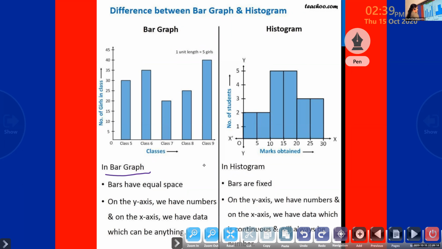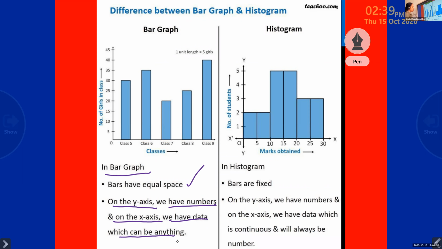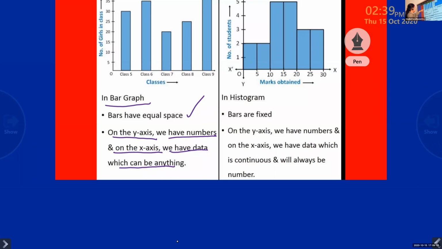And listen, children: on the y-axis we have numbers, and on the x-axis we have data, which can be anything, like class 5, class 6, class 7, class 8, class 9. Can be anything. Clear, children?